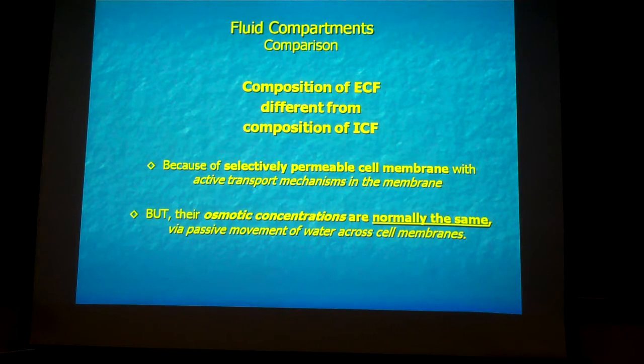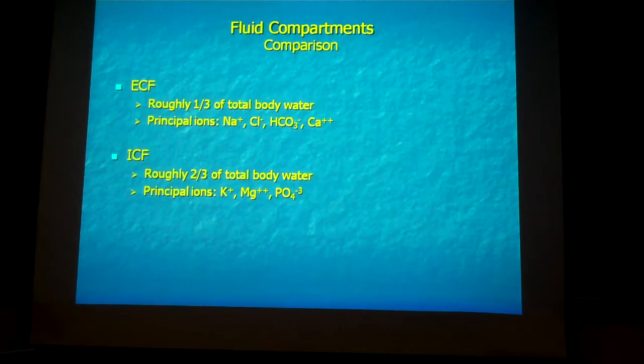The composition of extracellular fluid is different from the composition of intracellular fluid, largely because of this. In other words, take, for example, sodium. Sodium is principally an extracellular fluid ion. Potassium is principally an intracellular fluid ion.